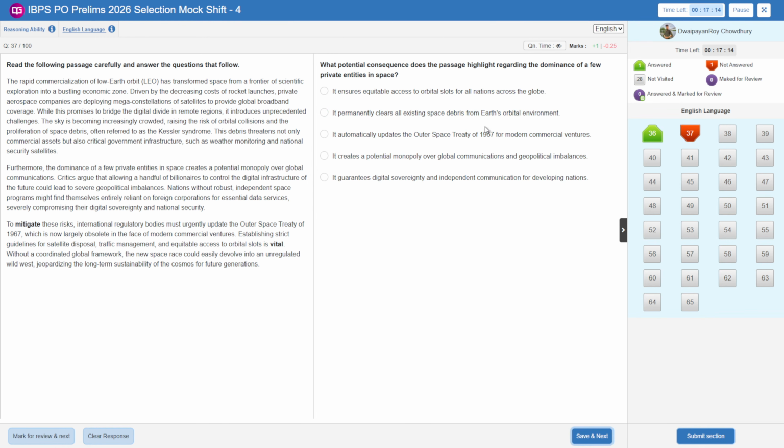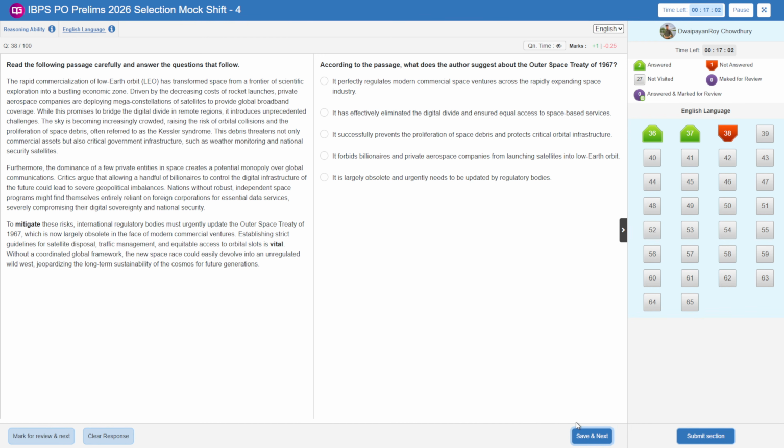What potential consequence does the passage highlight regarding the dominance of a few private entities? Automatically update, okay, permanently clears, ensures equitable, creates potential monopoly. According to the passage, what does the author suggest about the Outer Space Treaty? It became obsolete, something like that.